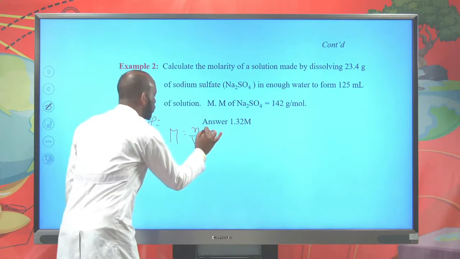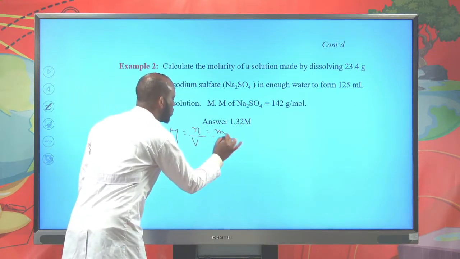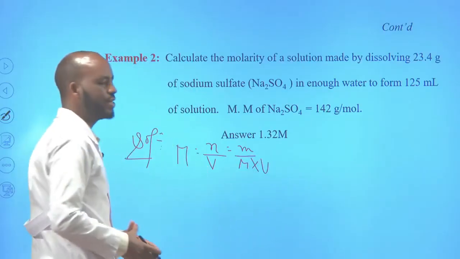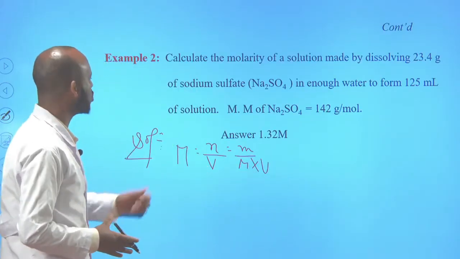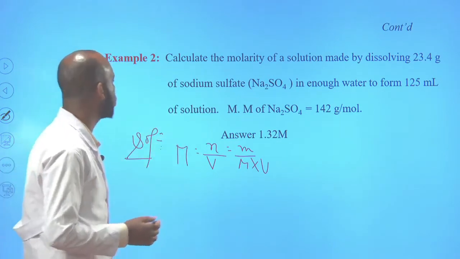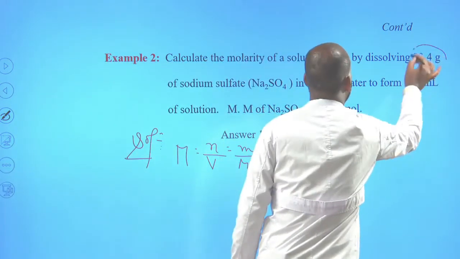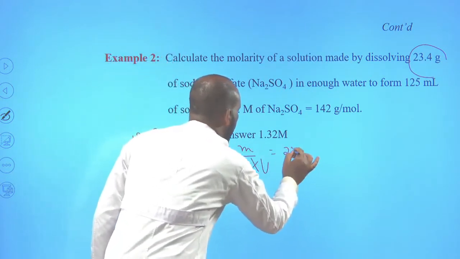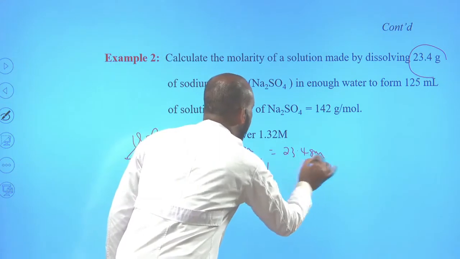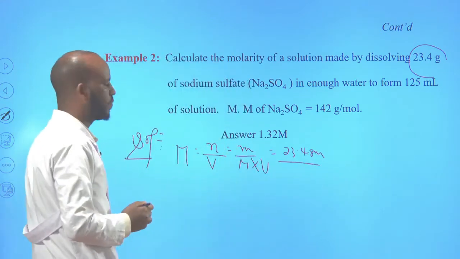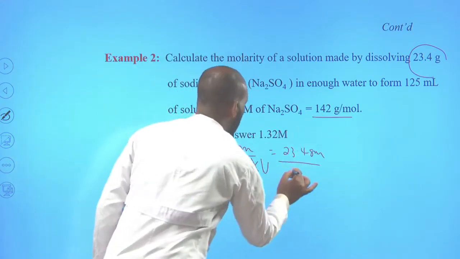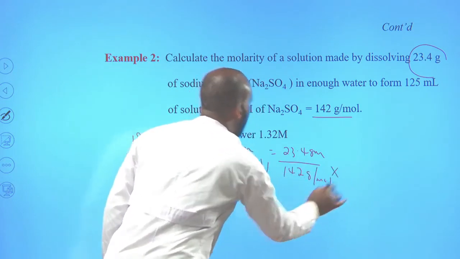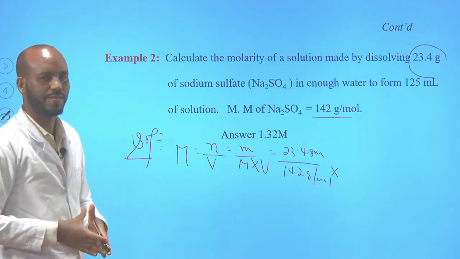But number of moles of solute is mass of solute divided by molar mass of the solute. Mass of solute is 23.4 gram of sodium sulfate, divided by molar mass of 142 gram per mole, times volume of the solution in liters.